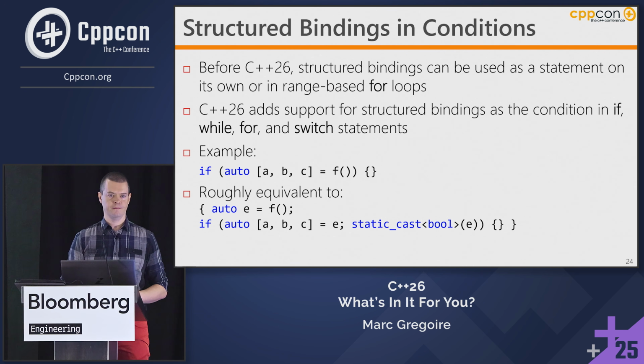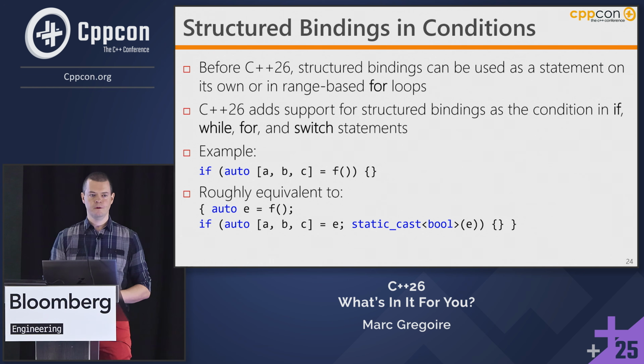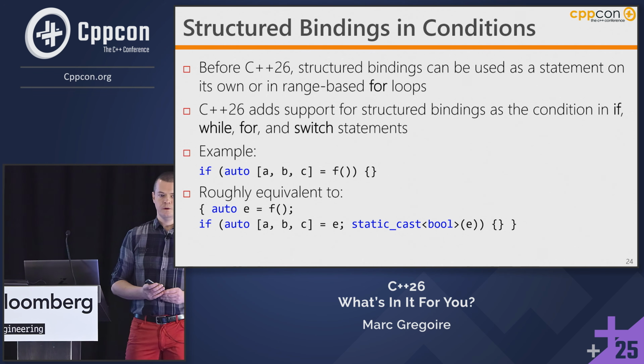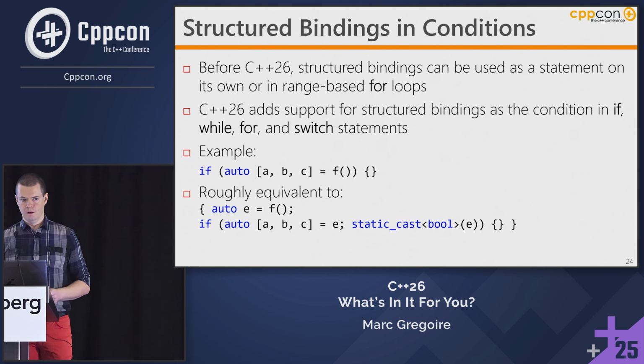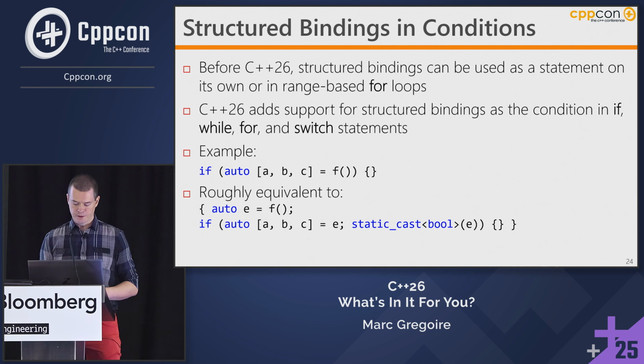Hello. For the Hive container, I just wanted to know what is the time complexity for random access and to iterate through it? Sorry, the time complexity of? For the Hive container, time complexity of random access, or accessing based on index? Right.